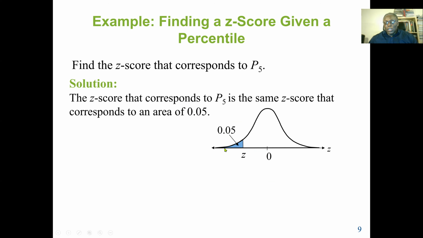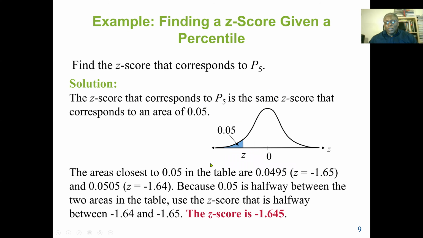Again, since this is to the left, we go straight to the table and find the result. The area closest to 0.05 in the table is 0.0495, which is okay, almost 0.05. You look at the table, to the left we have negative 1.6, at the top we have 0.05. So the answer for the Z will be negative 1.65.